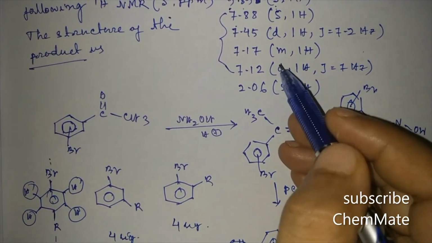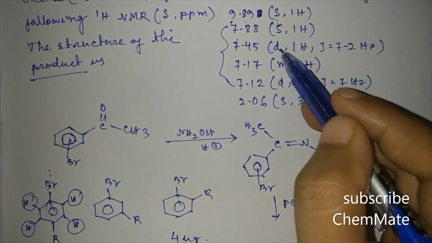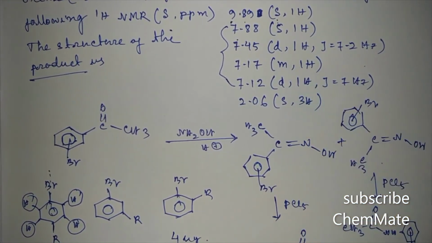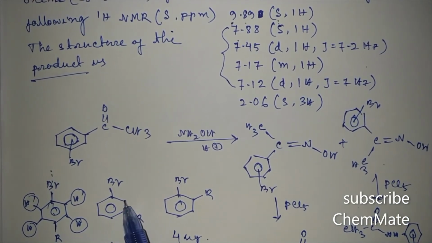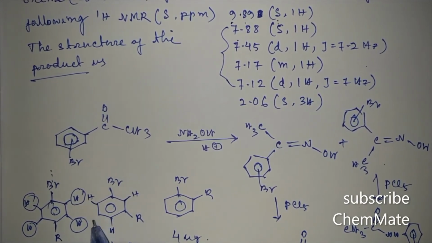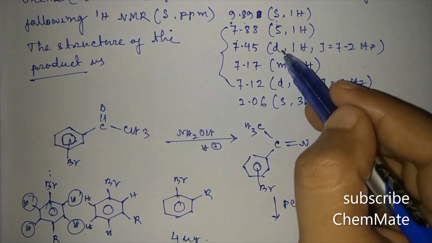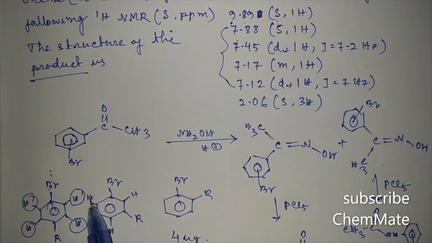Now if we see the signals, here one singlet is there, one doublet, and one multiplet. Now for meta, this hydrogen will come as a singlet because no other hydrogen is ortho to this hydrogen. This hydrogen will appear as a doublet because of the neighbouring hydrogen, and these two hydrogens will appear as doublets.